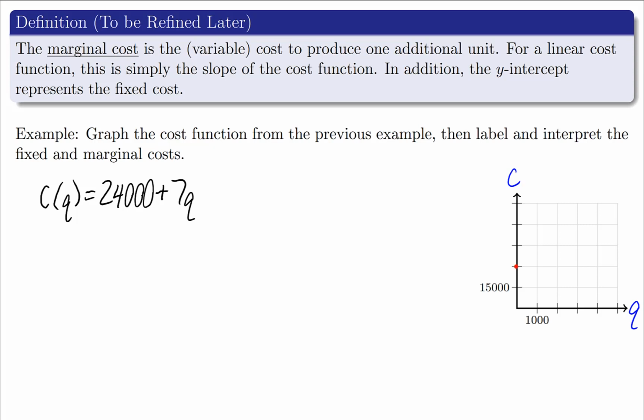The next tick mark is 30,000, so 24,000 will be somewhere around here. And then we're just going to rise 7 at a time. Really, I'm going to go up 7,000 when I go across 1,000. So 7,000 up from 24,000 is 31,000, which is about right here. And then 38,000, 45,000, and 52,000. You'll notice this is a nice linear function. I'll just draw the straight line through them.